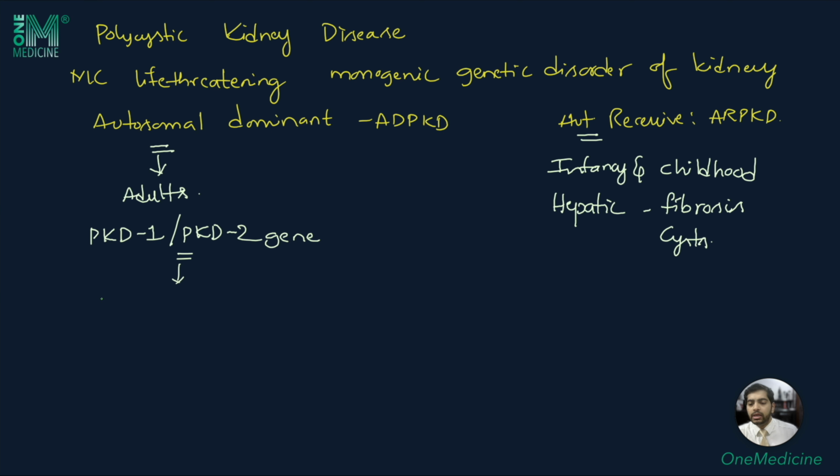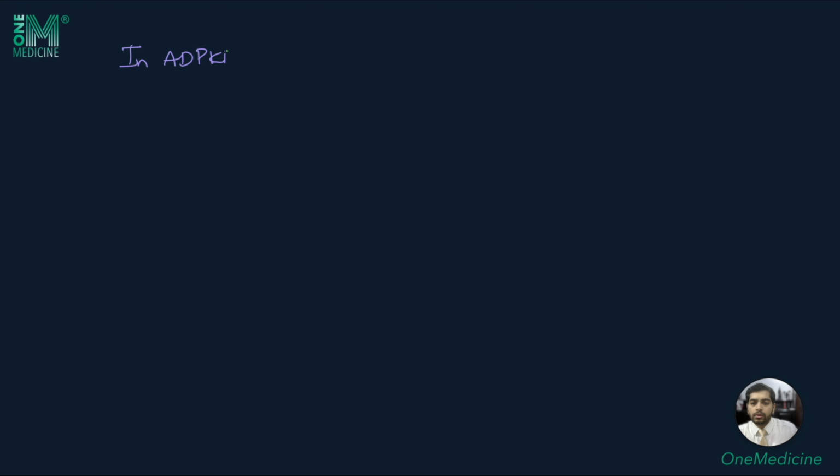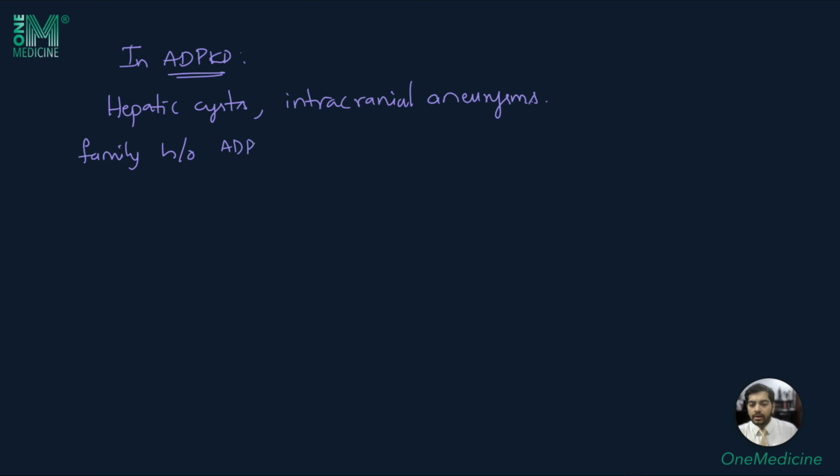The renal cysts in ADPKD are large in size, and these patients can progress into chronic kidney disease and end-stage renal failure. In ADPKD, apart from the renal cysts, patients can also have hepatic cysts and intracranial aneurysms. Any patient with family history of ADPKD along with aneurysmal rupture should undergo screening for aneurysms.